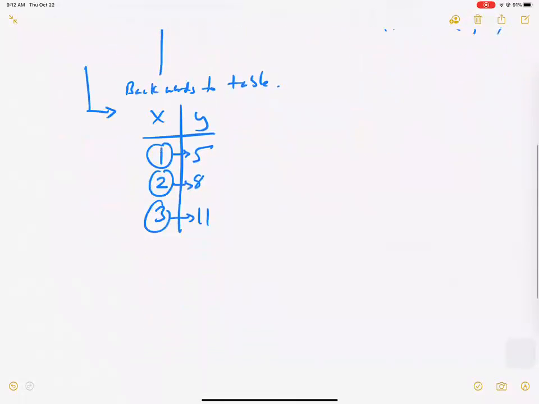Okay, so on your IXL homework day, you guys will have something that looks like, maybe, a graph. Let's give ourselves some points.